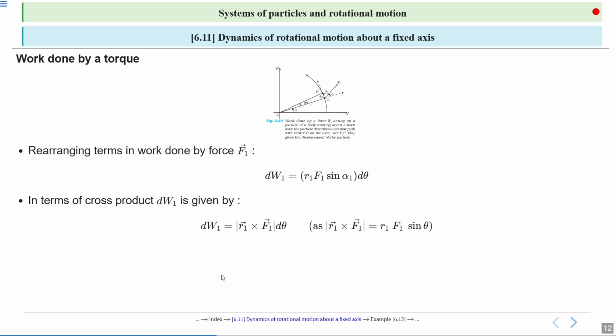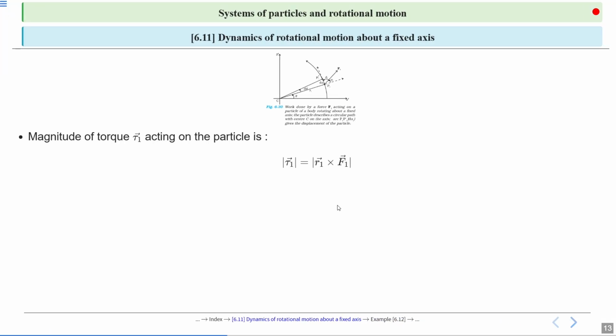So in terms of cross product, dw1 is given as r1 cross F1 d theta. Here r1 cross F1 is r1 F1 sin theta after solving the cross product. So this is only the mathematical terms.